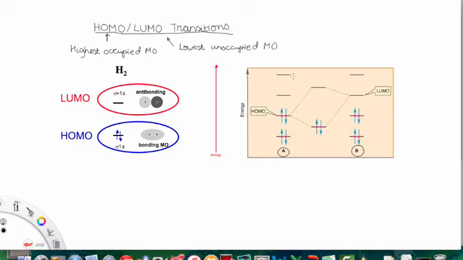Generally, the energy difference between the highest occupied molecular orbital and the lowest unoccupied molecular orbital is also known as the HOMO-LUMO gap. This difference right here is generally the lowest energy electronic excitation that is possible in a molecule. So let me just write that right here: lowest energy excitation.